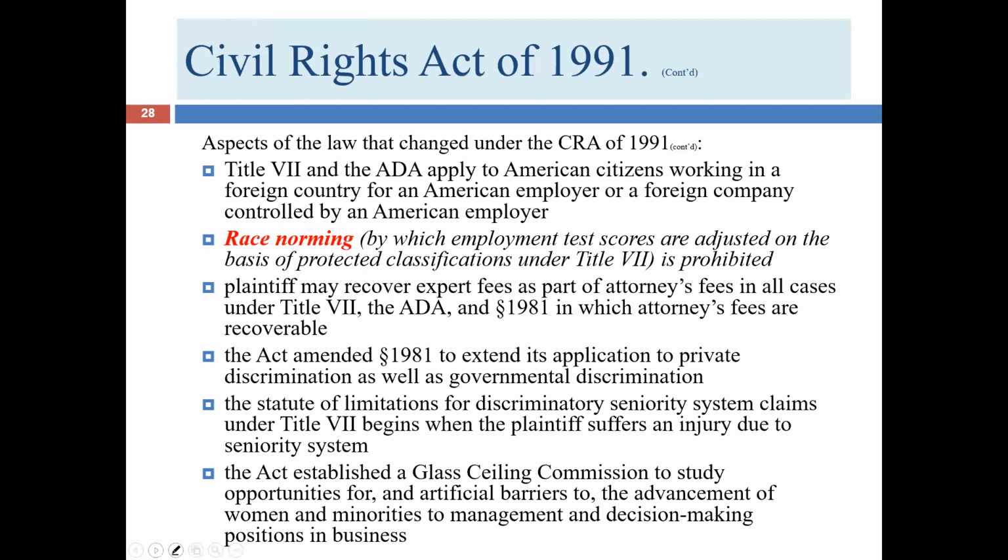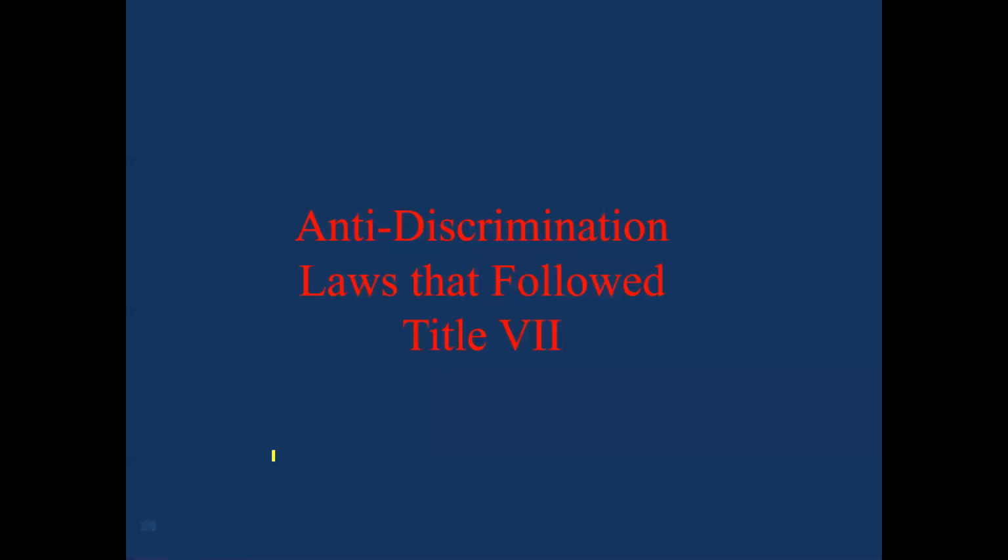And so the idea was, well, if we corrected for the lack of test-taking experience or educational background, then we wouldn't be undermining the effectiveness of the testing product. But again, the Congress said, no, that's unlawful. It would be reverse discrimination if you allowed, say, African Americans to have a lower pass score than, say, Asian Americans.